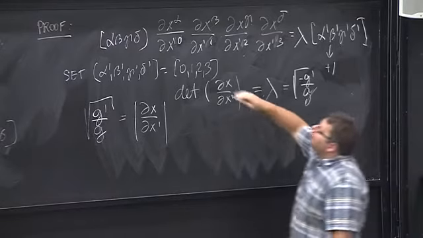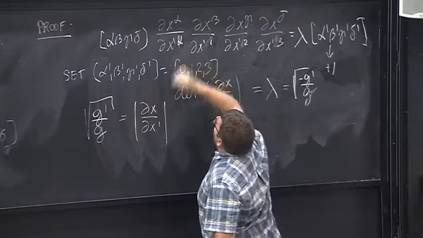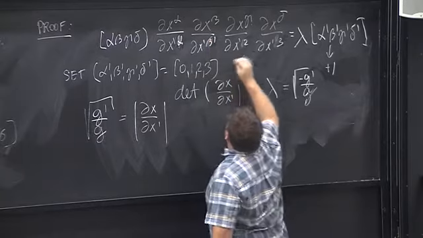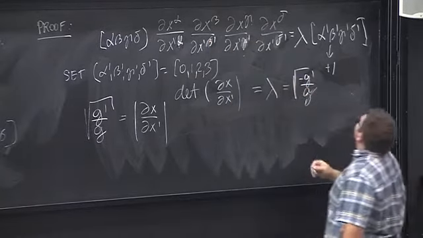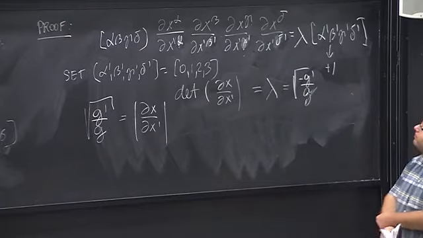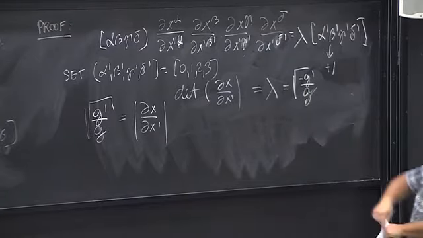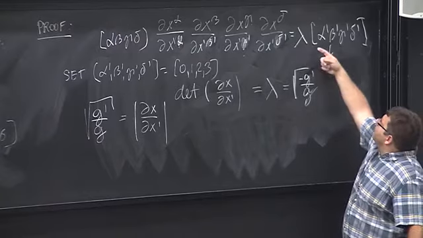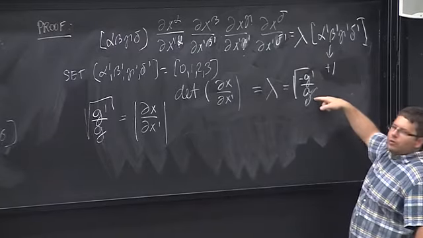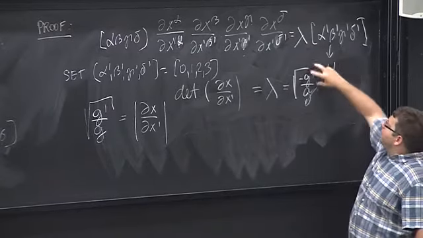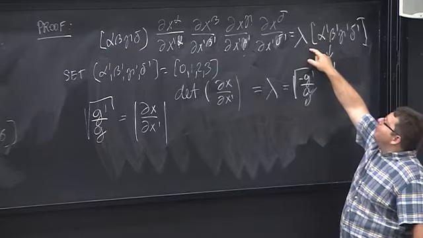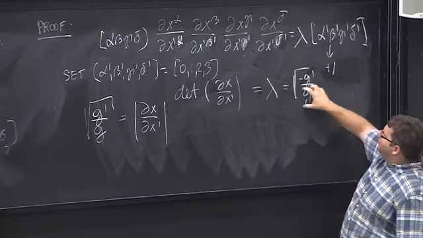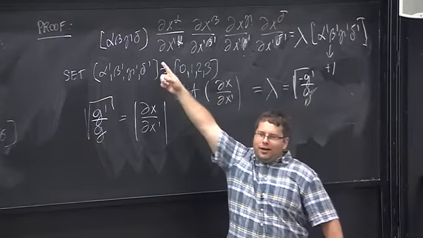Very good. So now let me write these indices back: alpha prime, beta prime, gamma prime, and delta prime. So lambda is just the square root of minus g prime over g. So if I redistribute my lambda, I leave the square root of minus g prime here, and I put the square root of g on the left-hand side.